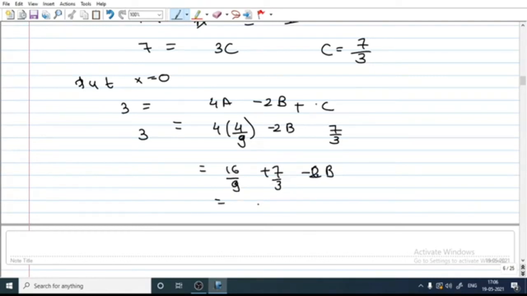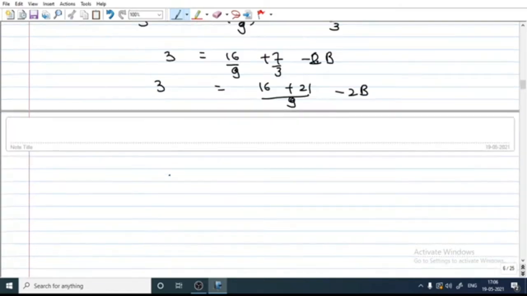If you make similar denominator, this will be 21 the whole upon 9 minus 2b, and this will be 3, and here also 3. If you add these 2, you are going to get 37 upon 9, and this is 3, and this is minus 2b.